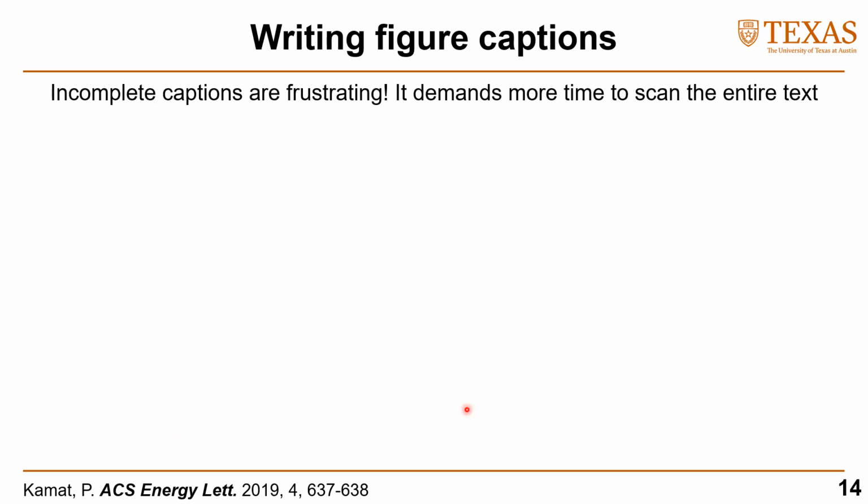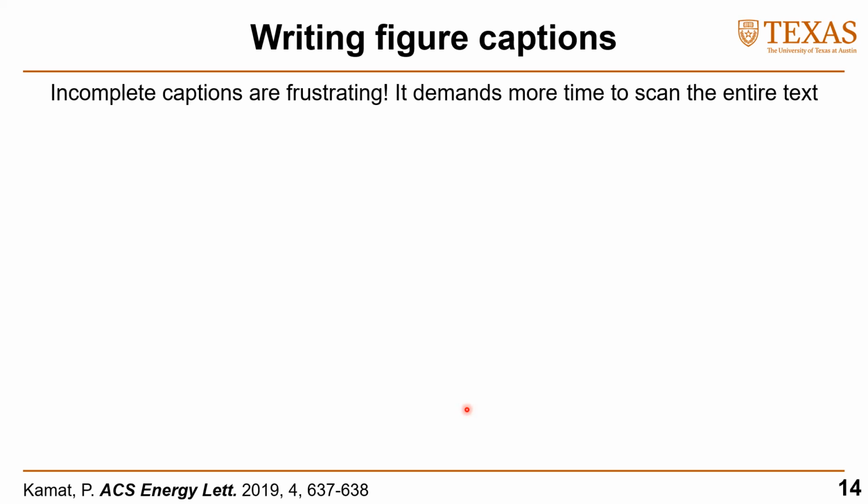So now talking about figure captions, here also you need to be careful because the figure caption needs to be connected, of course, to the figure, and you need to make sure that it is also resonating with the story that you're telling in the figure. When you're reading a paper, typically you don't want to switch between the figure and the main text a lot, right?